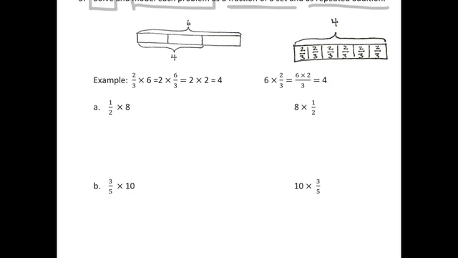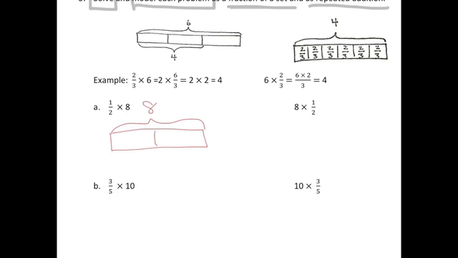Now that's going to show me with the tape diagram that we're going to do. We're going to take our tape diagram and cut it up into 2 equal parts, 2 units, and those 2 units are going to equal 8.